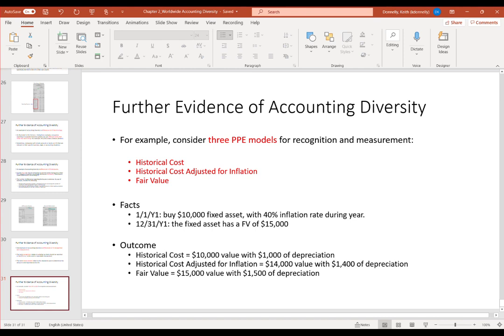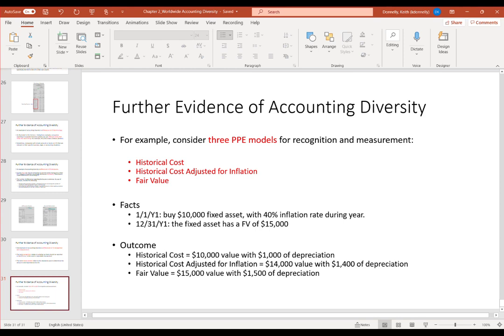So, for example, we have 3 PP&E models. PP&E, right, this is property, plant, and equipment. You could have historical cost, you could have historical cost adjusted for inflation, or you could have fair value.